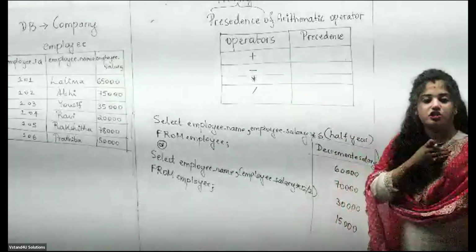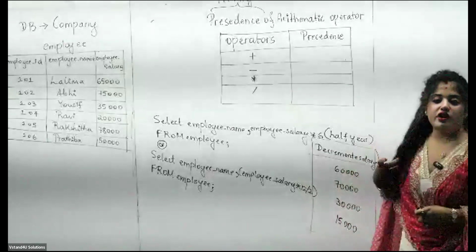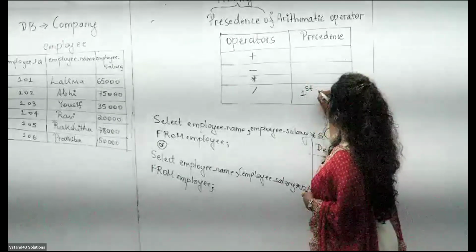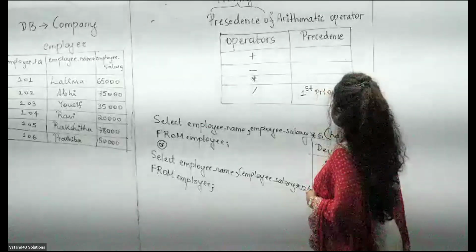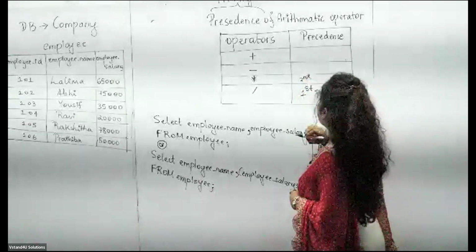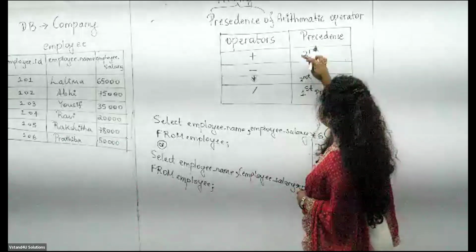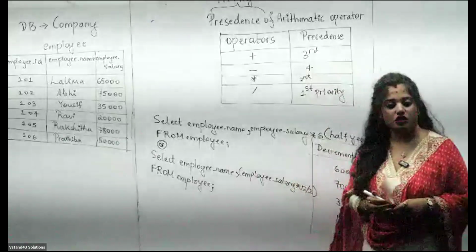Can you tell me which one will be given the first priority? I will say division will be given the first priority. The second priority is multiplication. Third priority is addition, and fourth priority is subtraction.